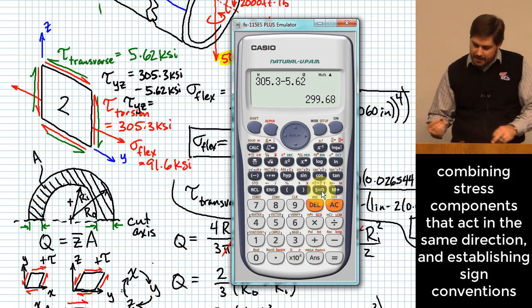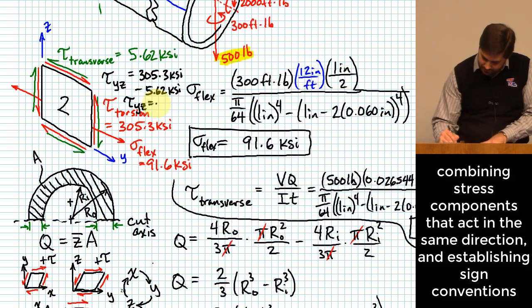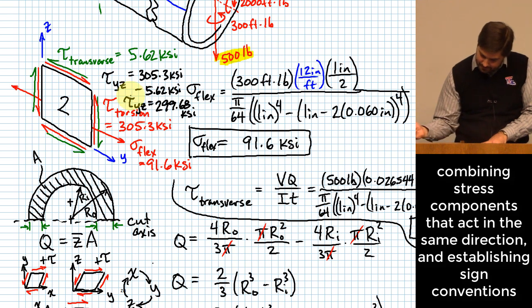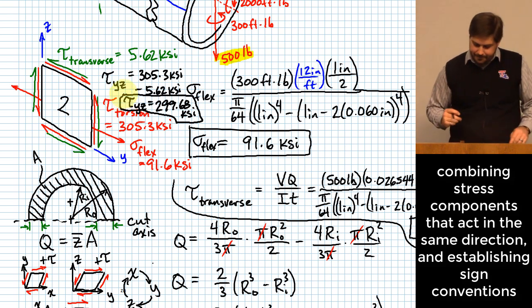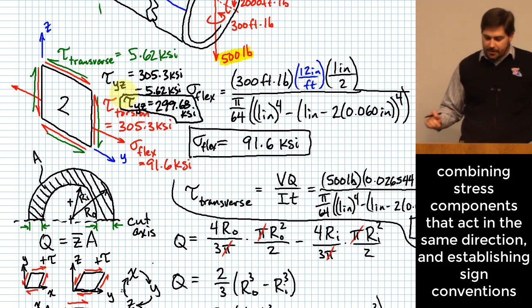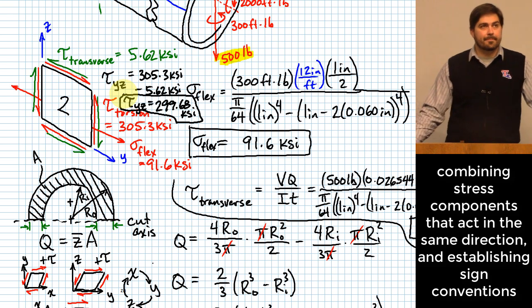Okay, 299.68 KSI. That got all pretty messy right in there. Apologize for that. But that's our final answer for that tau component.